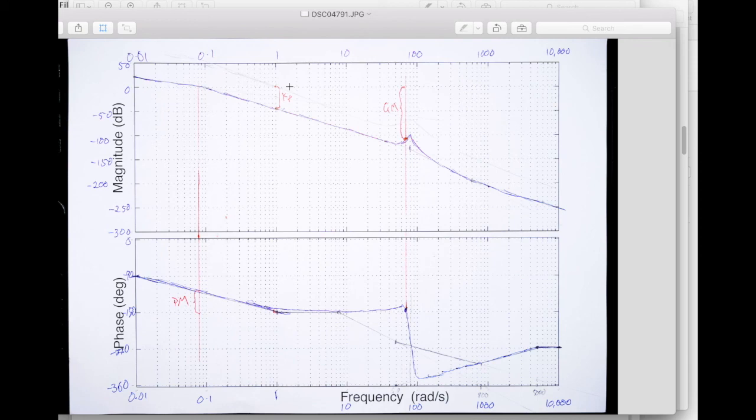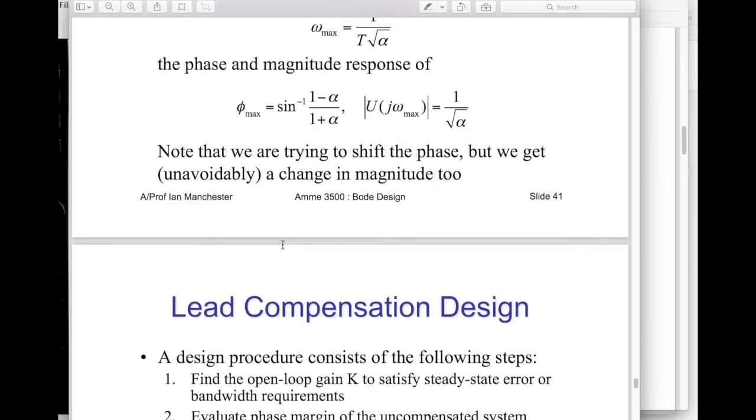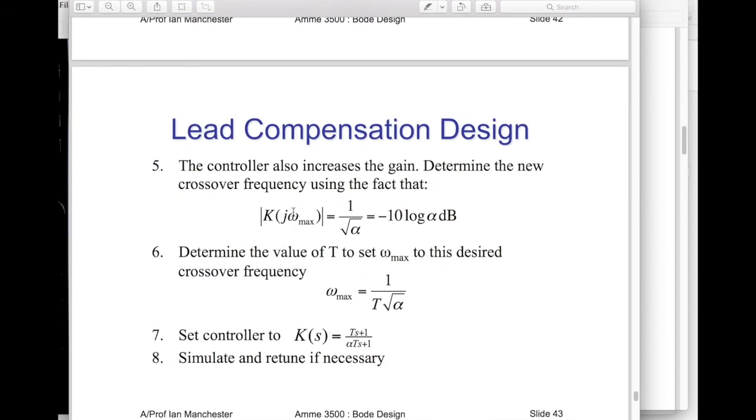It also means the frequency at which we want to boost the phase the most is probably not going to be at 1, but a little bit higher, right? Perhaps somewhere over here. We have a formula to work out where that will happen. Basically, at the particular central frequency, so we want to choose some omega max to boost the phase, it turns out that the magnitude will increase by 1 over square root alpha.